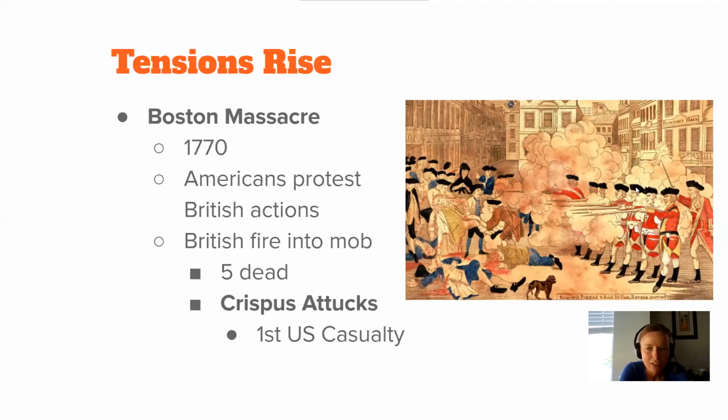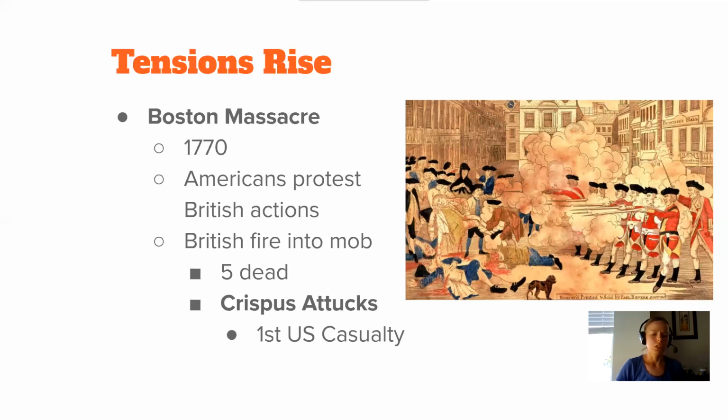So he actually titled this engraving "The Bloody Massacre," which, if you think of the word massacre, usually you think of the Indian Wars, mass graves, or the Holocaust. This was 5 people that died. There were a few others that were injured, but this is a prime example of propaganda, right?